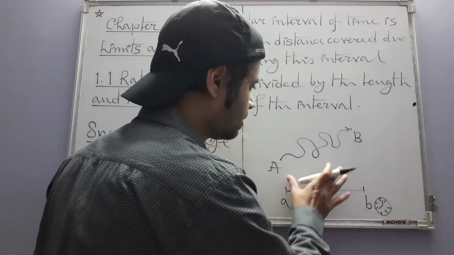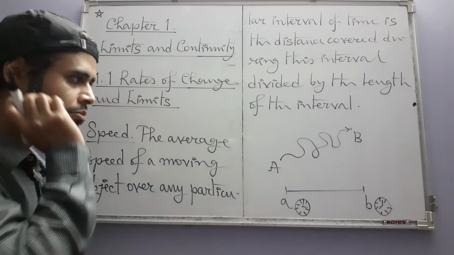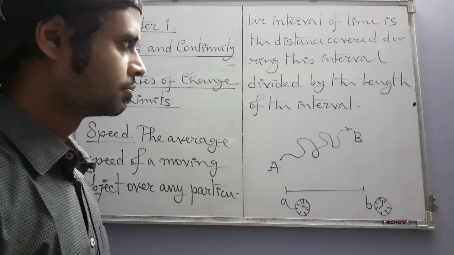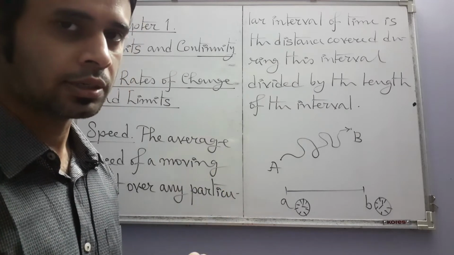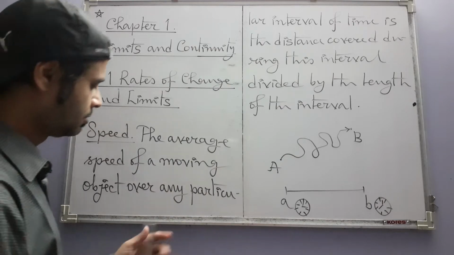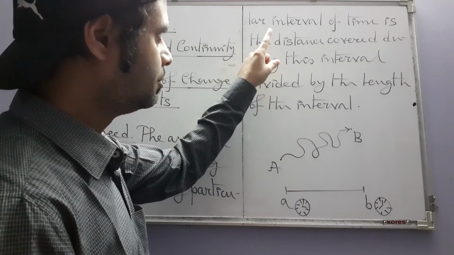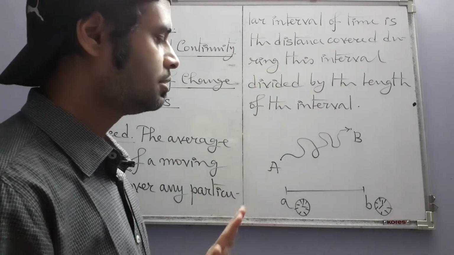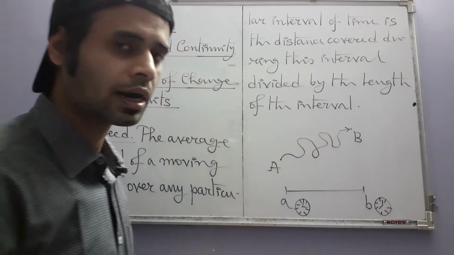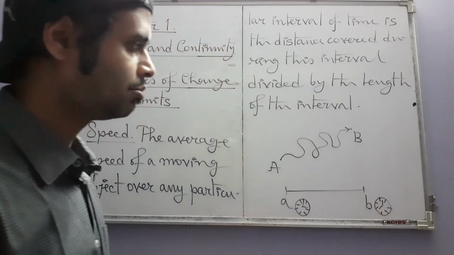But the thing is that in this time interval also some things may have happened with the motion of the body, which we will not be interested in. The average speed of the moving object or body over this time interval is the distance covered during this interval, which of course in this case will be the length of this curve, divided by the length of the time interval.